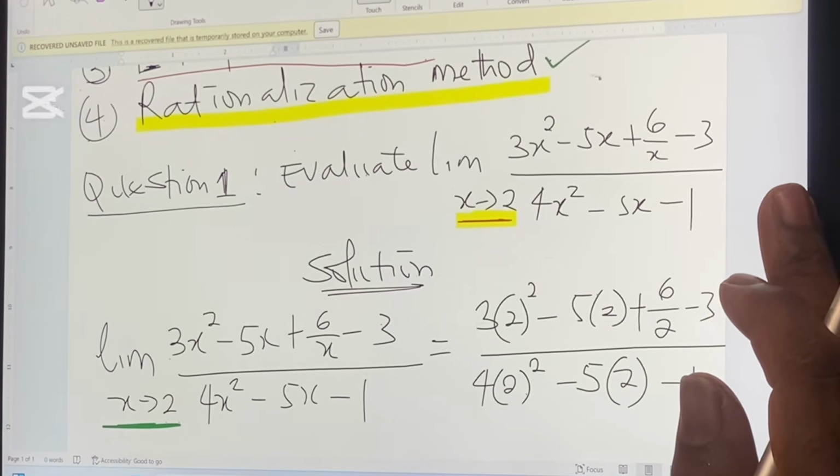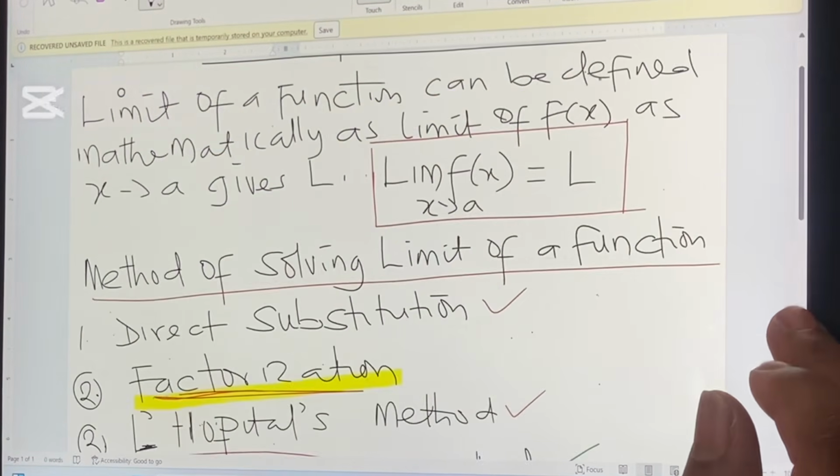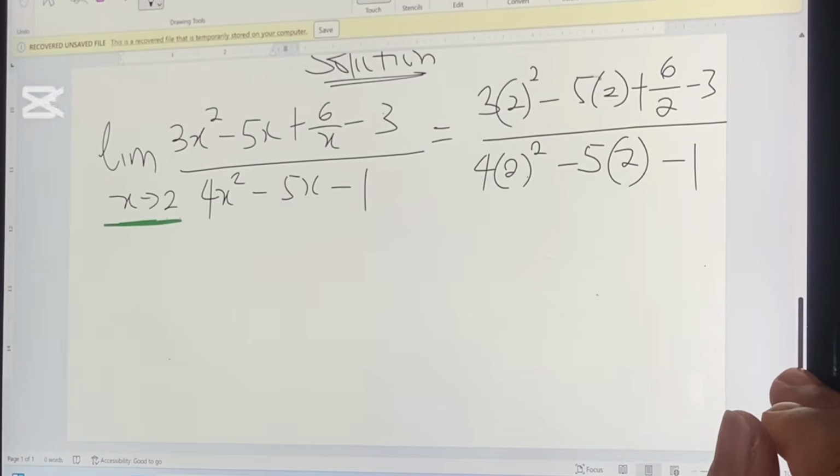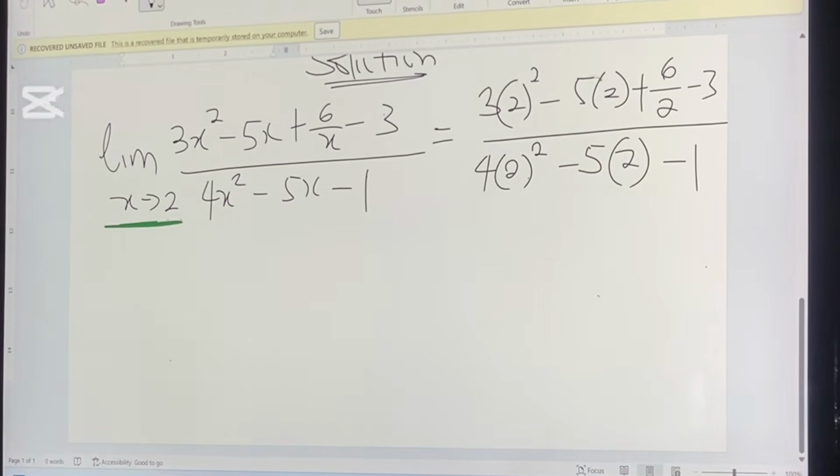So class, we will replace the value of s here with 2. The next step is to simplify this.